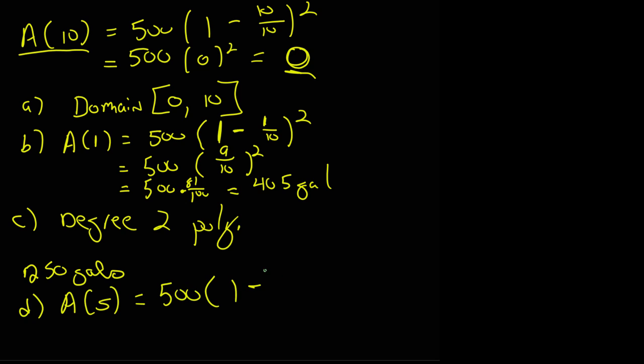And so that's 500 times (1 minus 1/2) squared. 1 minus 1/2 is 1/2, and 1/2 squared is 1/4, right? 500 times 1/4.